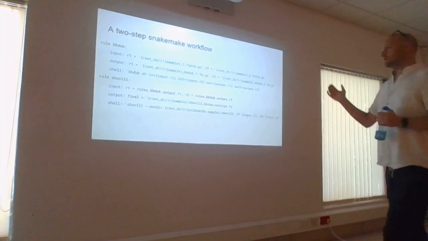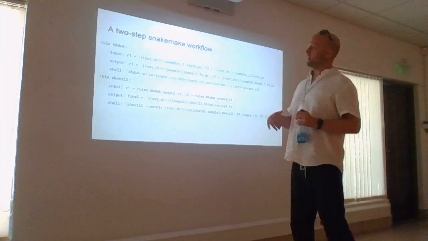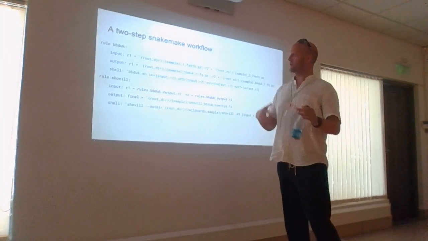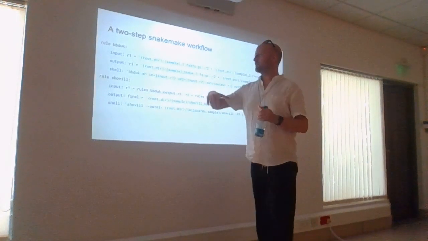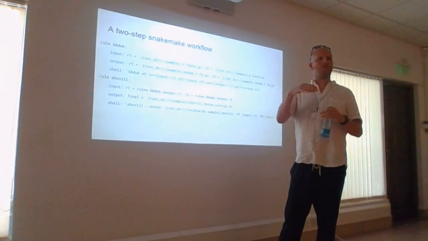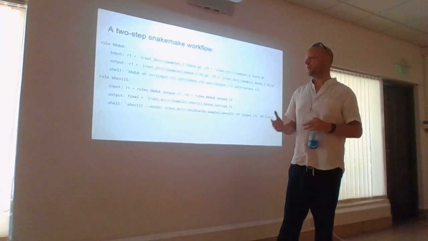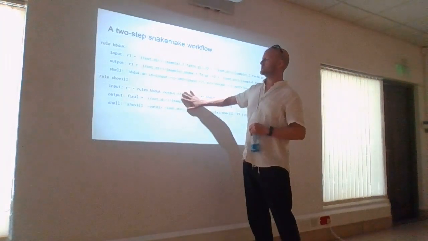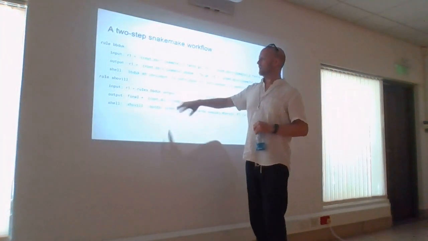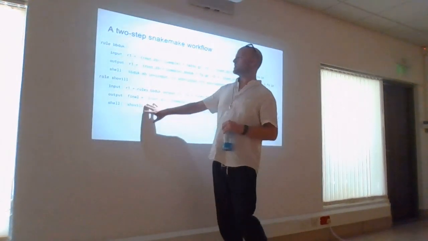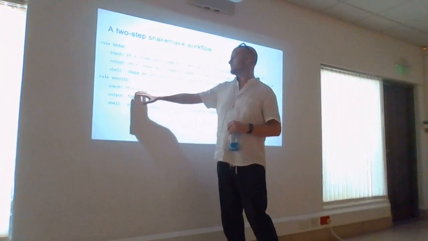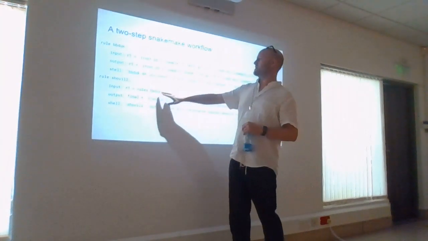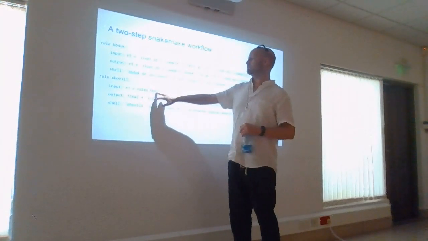And then, how do we combine this data with another rule? This is where we ask, what's the process that I want to do? What's the input for that process? The process we want to do now is Shovill, so de novo assembly. What's the input for that process? It's trimmed reads, and trimmed reads are made by our BBDuk rule.